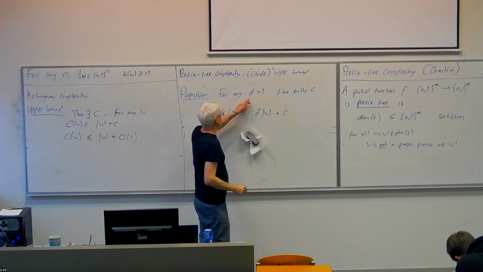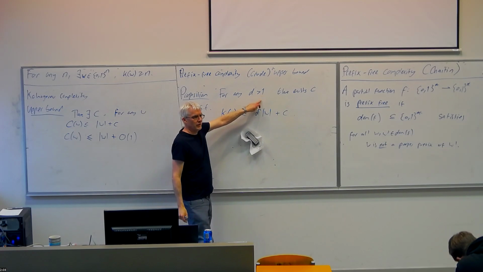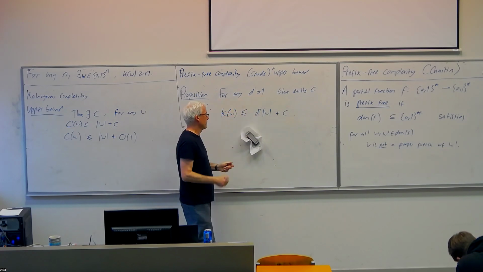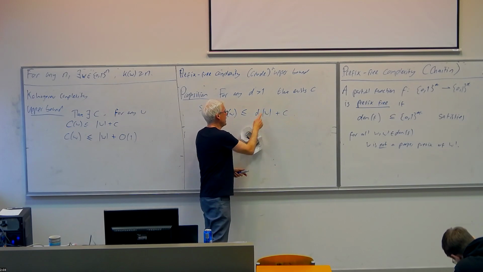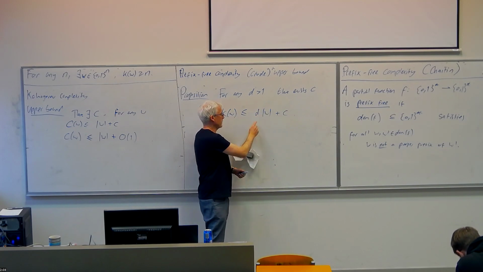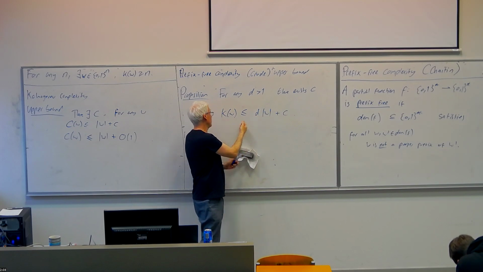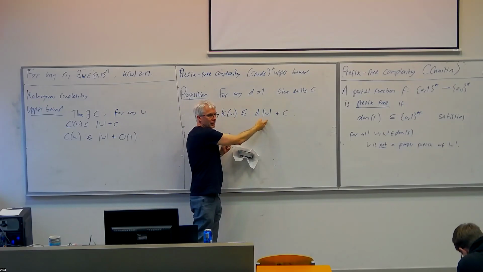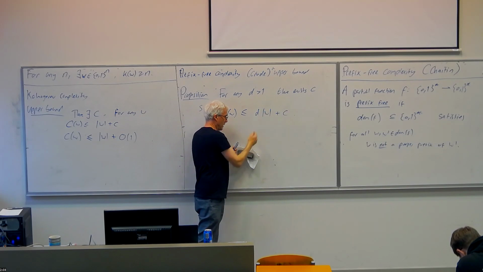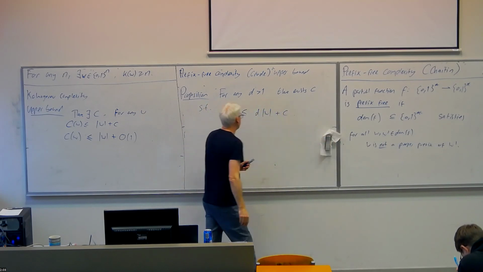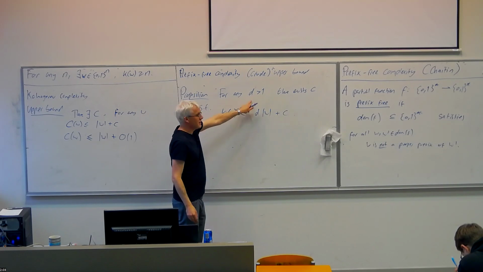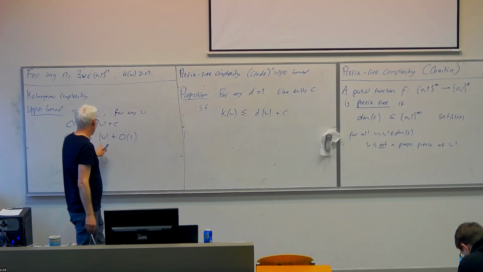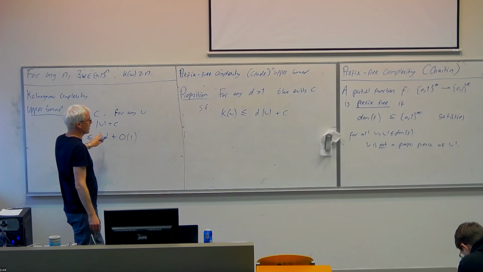The idea is we make d as close to 1 as possible, so we can put in any constant multiplier that's strictly greater than 1 here, and we're always below that multiple of the length of w by a constant. But we can't get d down to 1 itself, whereas in the case of Kolmogorov complexity, you can make d 1 itself.